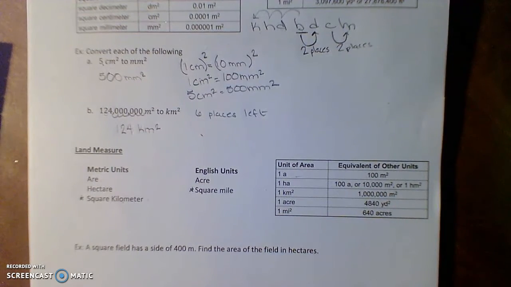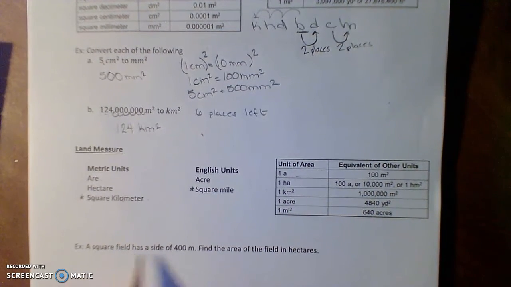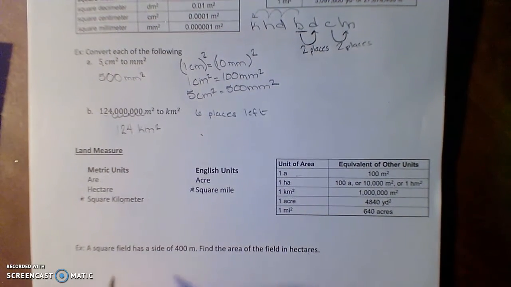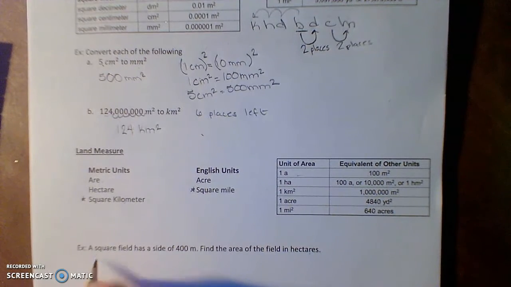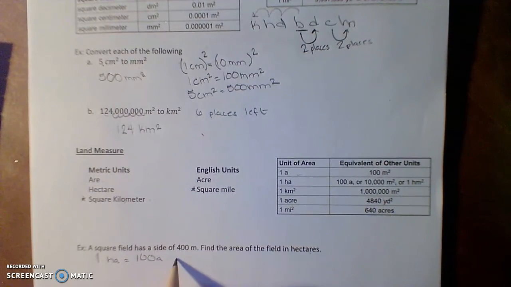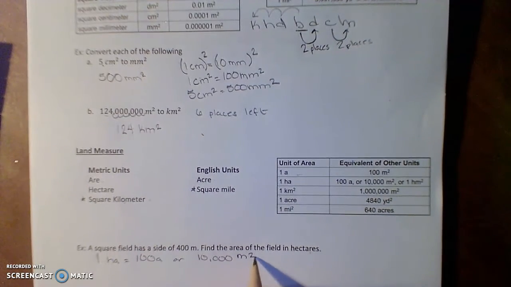All right, so let's do some problems here. A square field has a side of 400 meters. Let's find the area of the field in hectares. So first of all, 1 hectare is 100 ares, or 10,000 square meters.